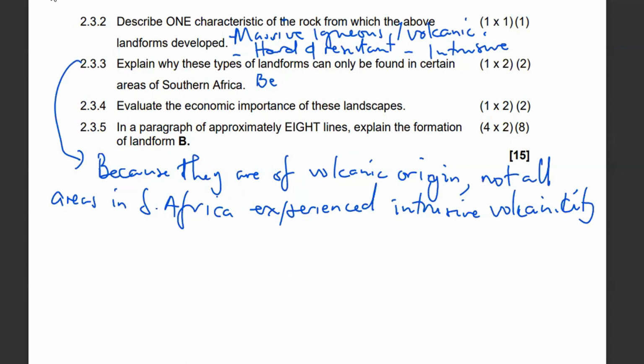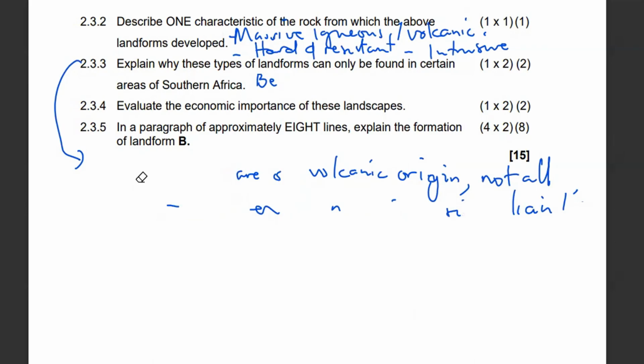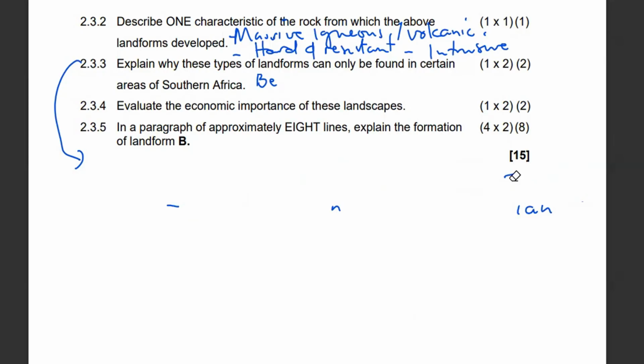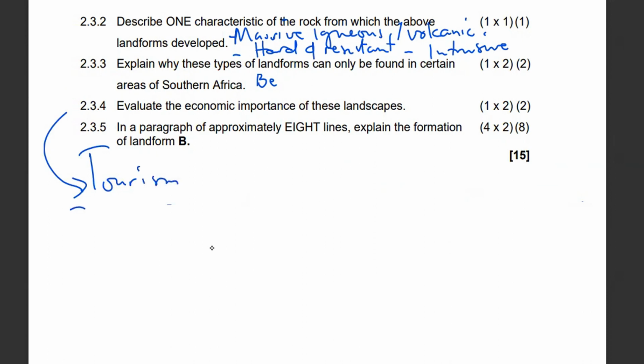Right. Moving on to the next question. Evaluate the economic importance of these landscapes. Why are they important economically? We can talk of the importance in terms of tourism. They can be used for tourist purposes, people coming to tour, and also they are important for sightseeing, or they are scenic.